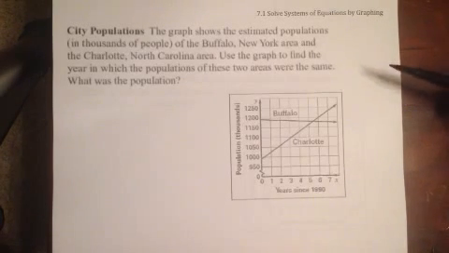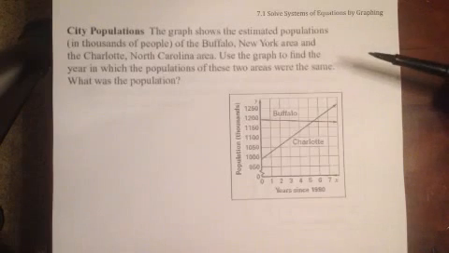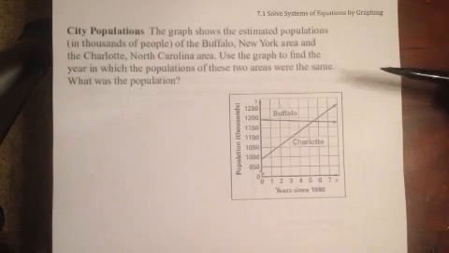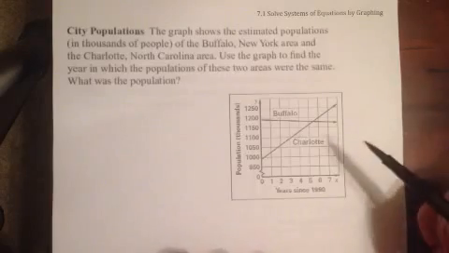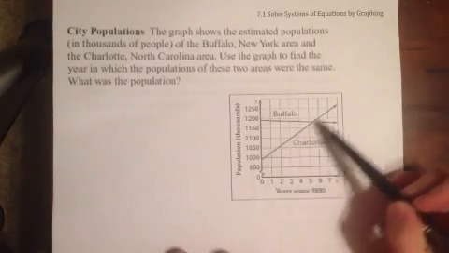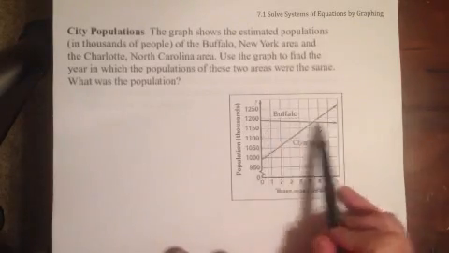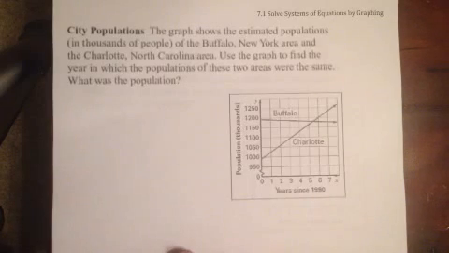In this particular graph, we're shown the estimated populations of Buffalo, New York and Charlotte, North Carolina. We want to use this graph to find the year in which the populations of those two areas were the same and what that population was. If we look at this graph, this line right here represents Charlotte and this line right here represents Buffalo.